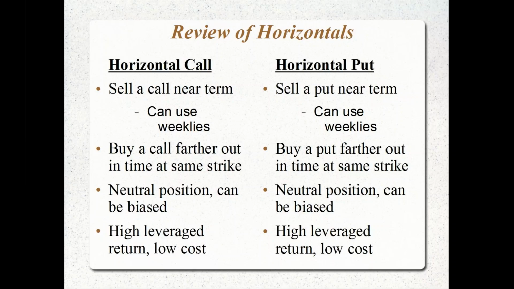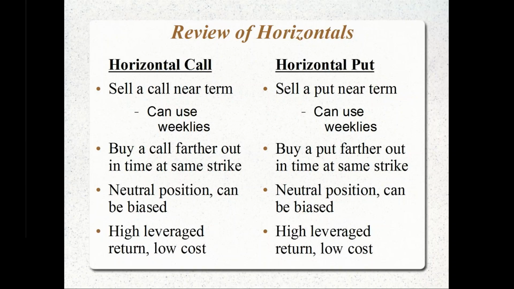We talked about reversals, we talked about the standard, and then they're broken down into two structures. A horizontal spread means you're doing the same strike. So I'm selling a near-term call, let's say a 50 strike, and I'm buying a 2-month out, 3-month out, or 4-month out call at the same strike. That's a horizontal. They're both calendar spreads, but this is referred to as a horizontal.